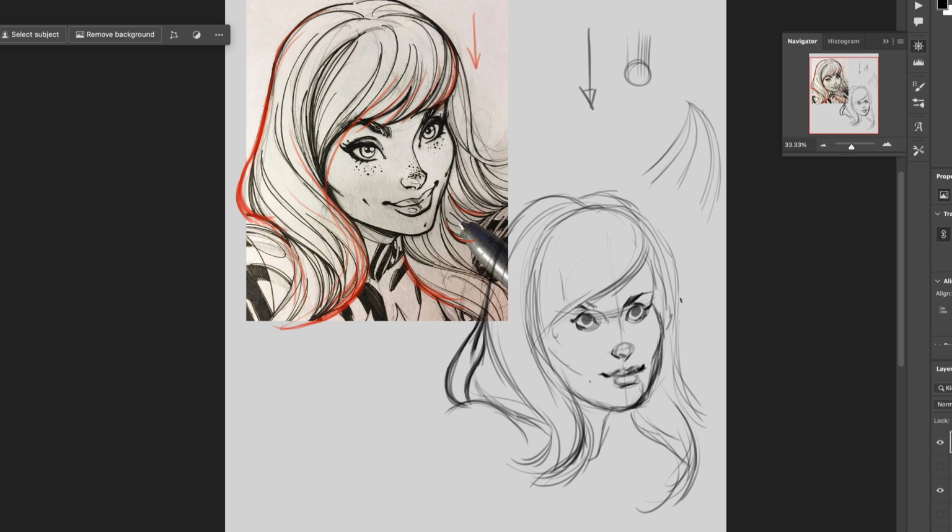Generally speaking, not everything is coming out from the same spot, but you want to try to group how it's coming out. So if you have this group here, I'm going to have the hair like this.